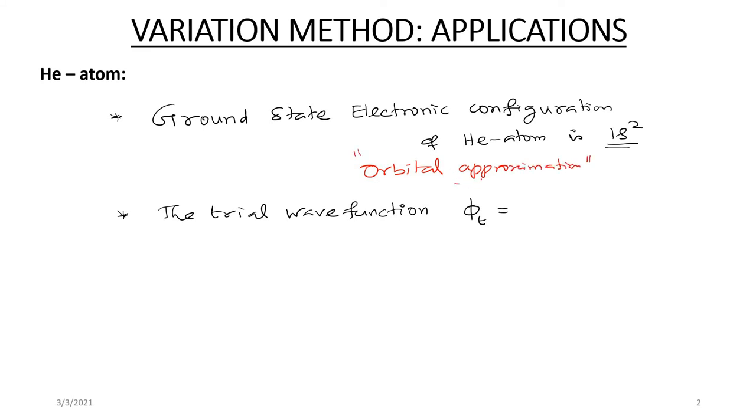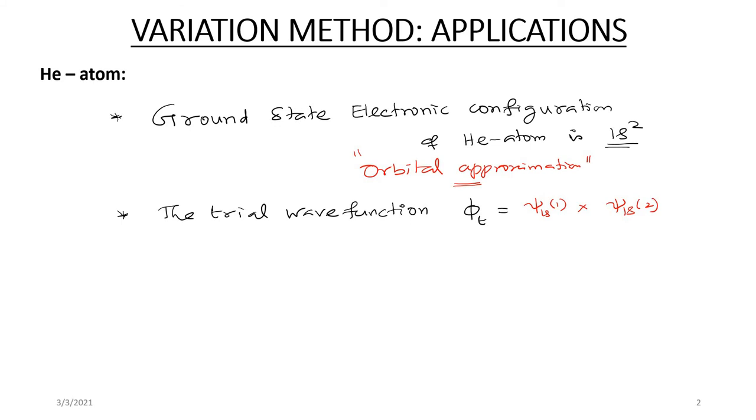the total wave function of a many electron system can be given as the product of one electron wave functions. Here two electrons are there, so I am going to write the total wave function for the ground state of helium atom as two one electron wave functions: the wave function for the 1s orbital of electron 1 and the wave function for the 1s orbital of electron 2.